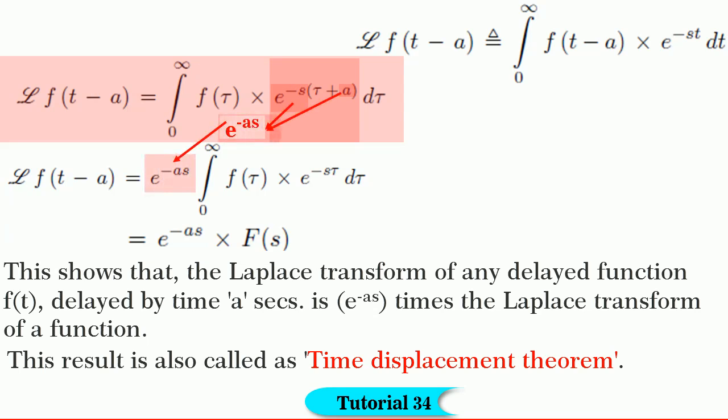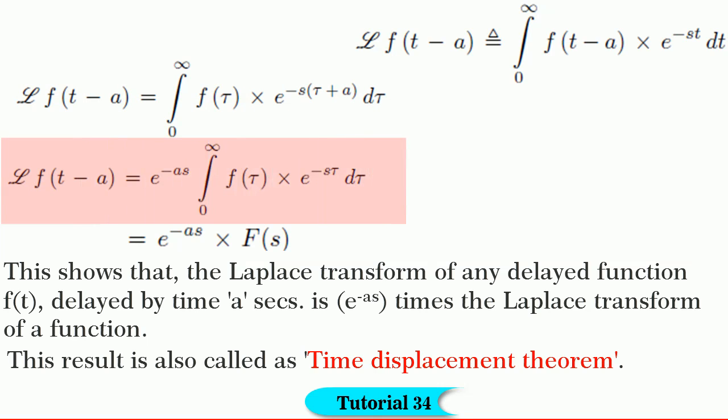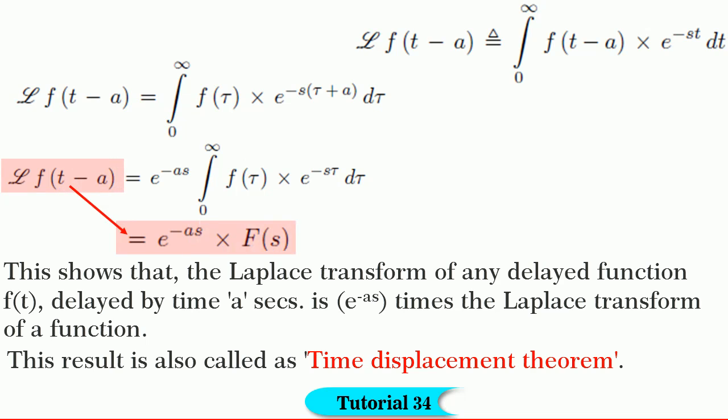So we can take it out, and thus we get L of f of t minus a is equal to e to the power of minus as into integration from 0 to infinity f of tau into e to the power of minus s tau d tau. This is nothing but F of s. So L of f of t minus a is equal to e to the power of minus as into F of s.